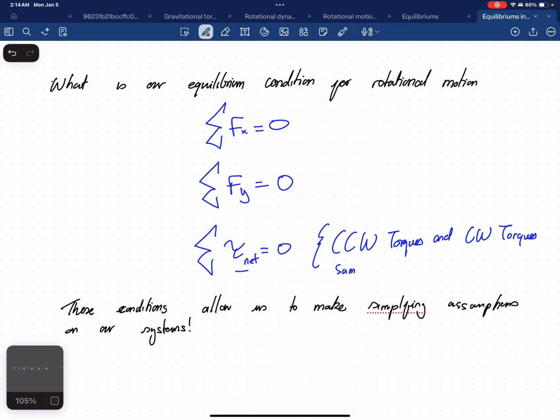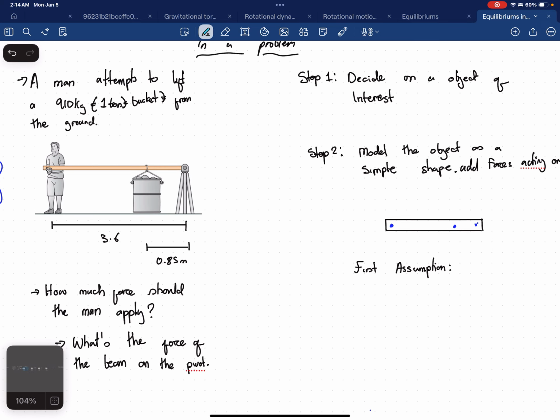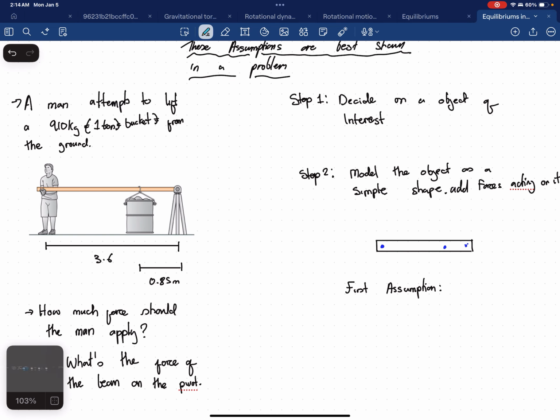This is how you think about this. They sum to 0 because they'll be the same magnitude, but they will have different signs. So these conditions allow us to make simplifying assumptions, and these assumptions are best shown through a physics problem.